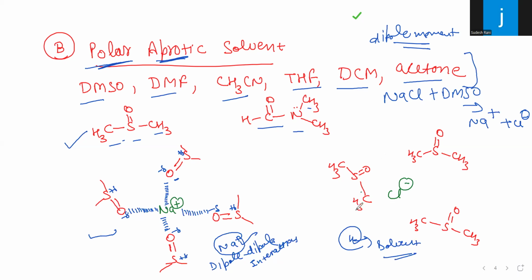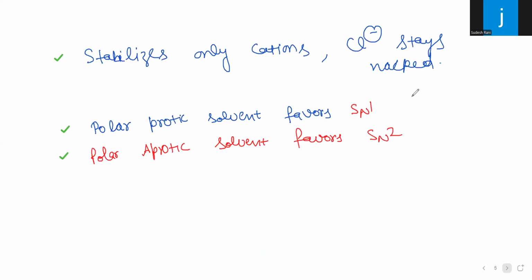DMSO has no protic hydrogen. So here there is no formation of hydrogen bond. Thus, polar aprotic solvent stabilizes only cations. Cl stays naked as well. So Cl negative here is not stabilized. So this is the peculiar property of polar aprotic solvent.